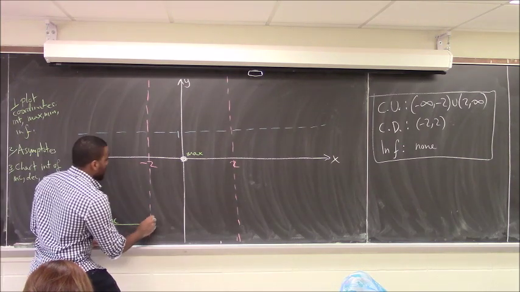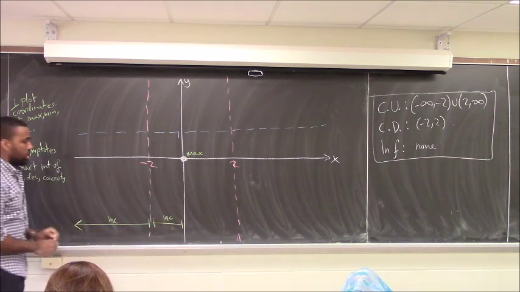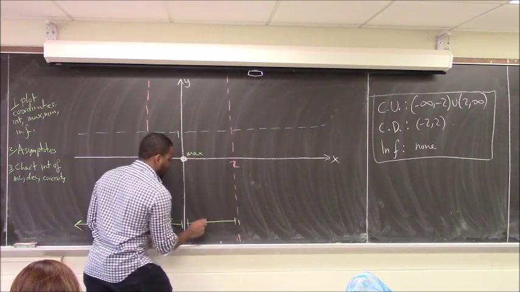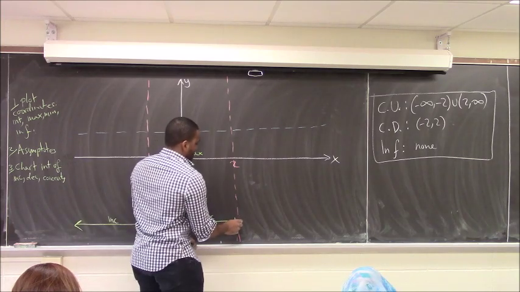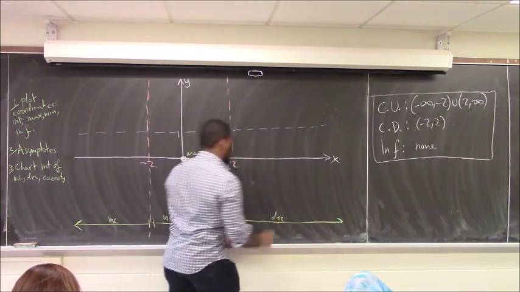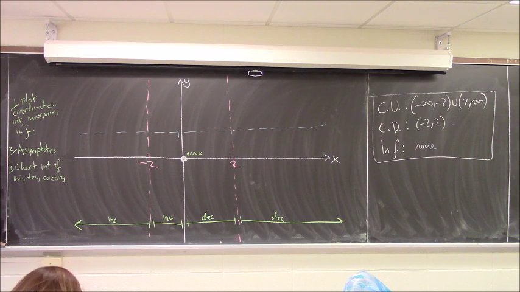I also know it was increasing from -2 to 0, so I'll write that in. We realized it was decreasing from here to here, so I'll write that in, DEC, decreasing. And from here onwards, it is again decreasing. So I write that in as an interval.